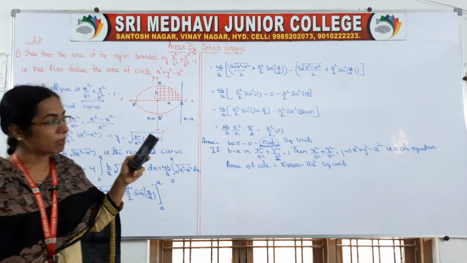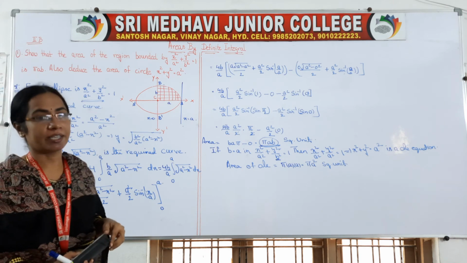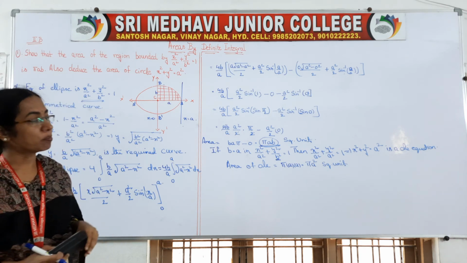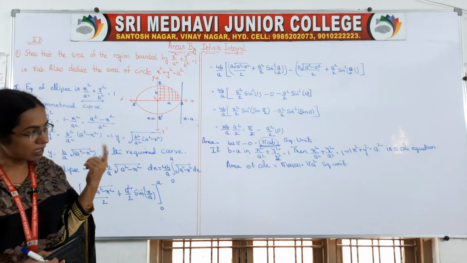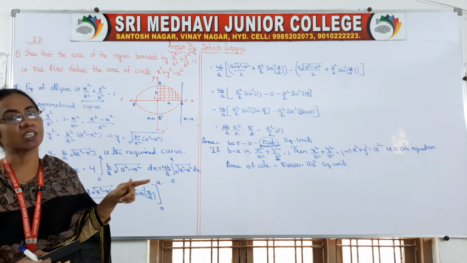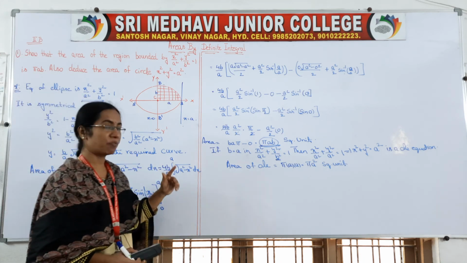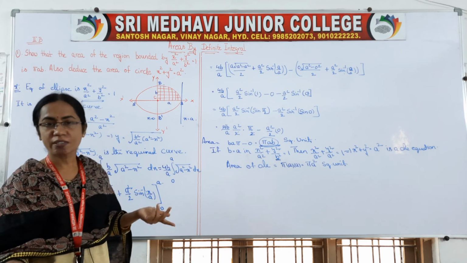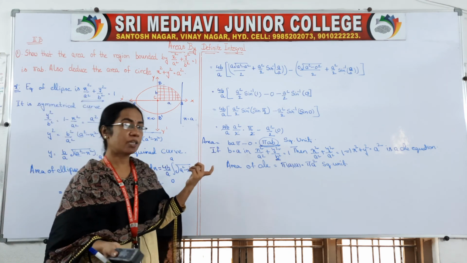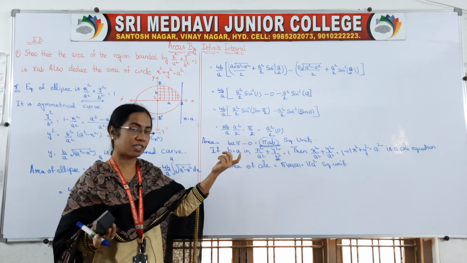So x square plus y square is equal to a square is a circle equation. That means in that ellipse equation wherever B is there I substituted A, then we got our circle equation.